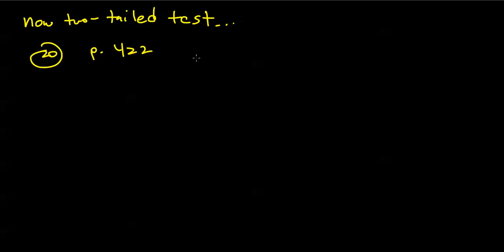Alright, I'm going to write down some givens. It says excluding the 120 who said they were unsure, use a 0.01 significance level. That's kind of like a high level of proof to test the claim that the proportion, really population proportion, of subjects who respond in favor is equal to 0.5.